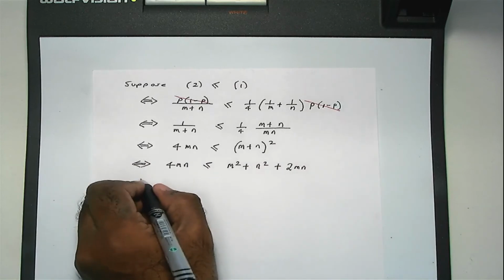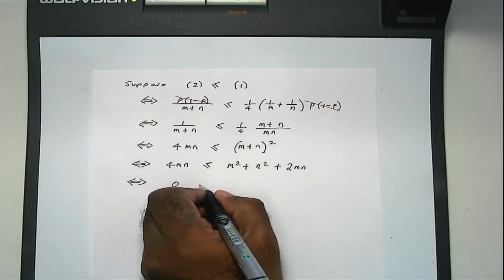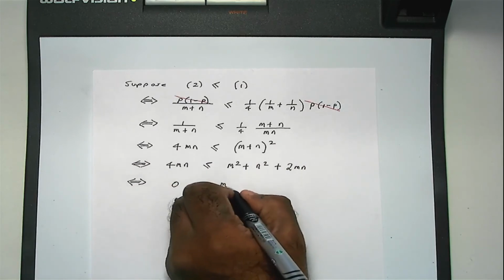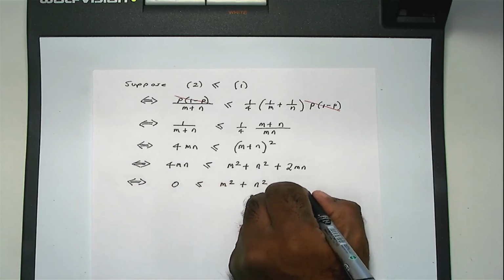Alright? So that's the same as saying that 0 is less than or equal to m squared plus n squared minus 2mn.